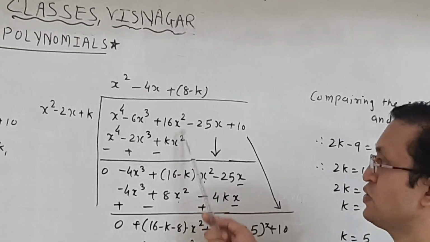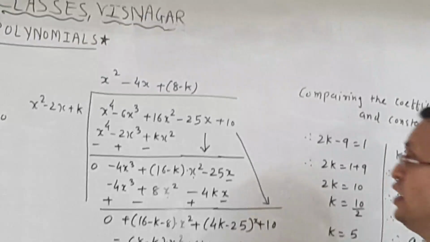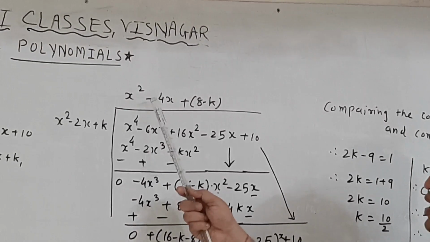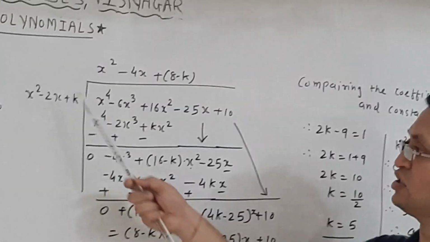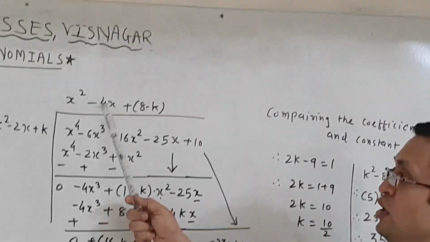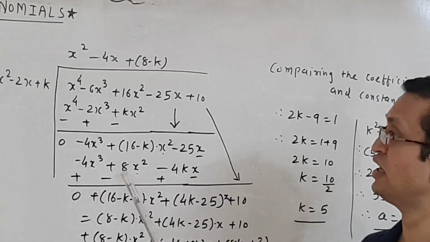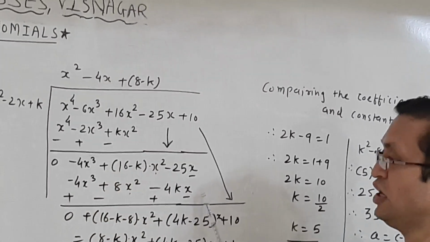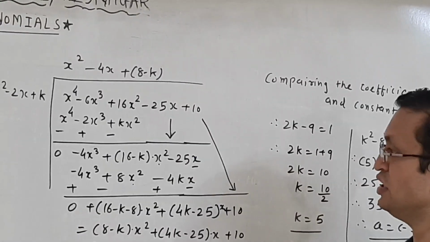Here x square is common, therefore 16 minus k into x square, and minus 25x as it is. Again, x square multiply minus 4x is equal to minus 4x cube, minus 4x multiply x, or minus 4x cube, minus 4x multiply minus 2x is equal to positive 8x square, and k multiply minus 4x is equal to minus 4kx. Change the sign, this term is 0.